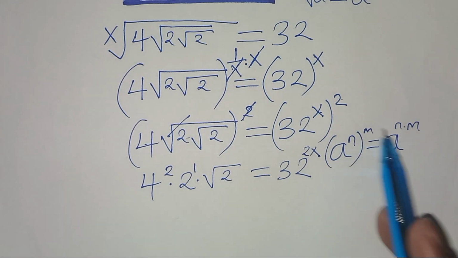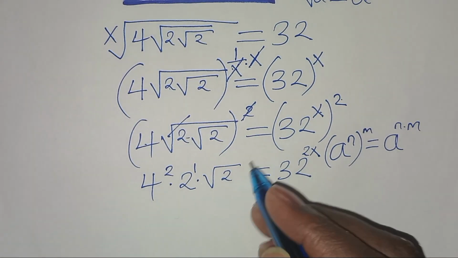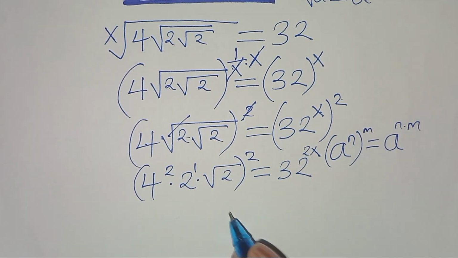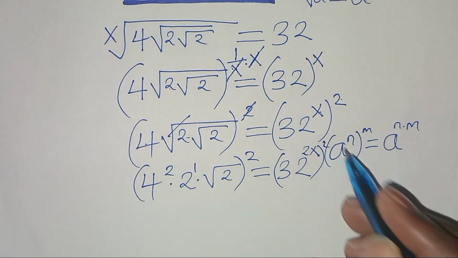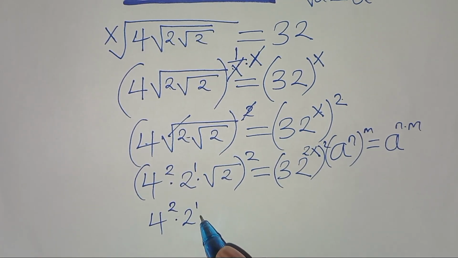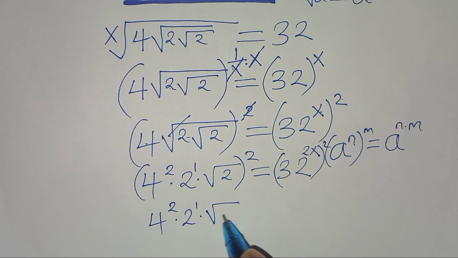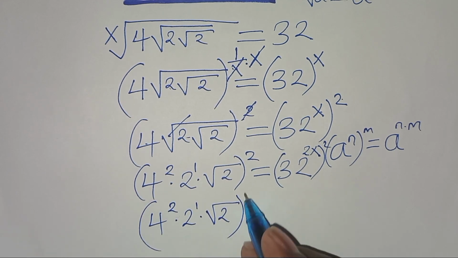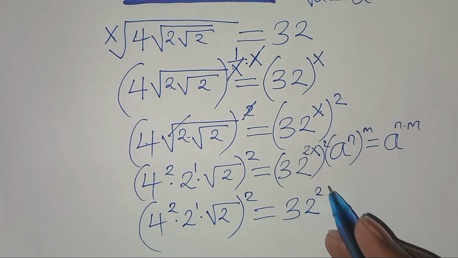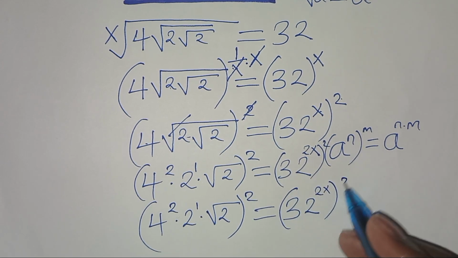Okay, now from here, let's again square both sides. So this is 4 squared times 2 to power 1 times, now here we have square root of 2. We're saying that we square both sides so that here we'll have 32 to power 2x raised to power 2.